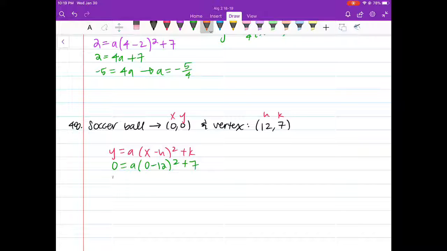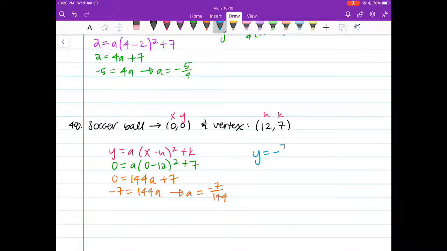Negative 12 quantity squared is a positive 144. And then subtract 7 from both sides. Negative 7 equals 144a. Divide both sides by 144. A must be negative 7 over 144. So we write that in our equation. y equals negative 7 over 144 times x minus 12 squared plus 7.